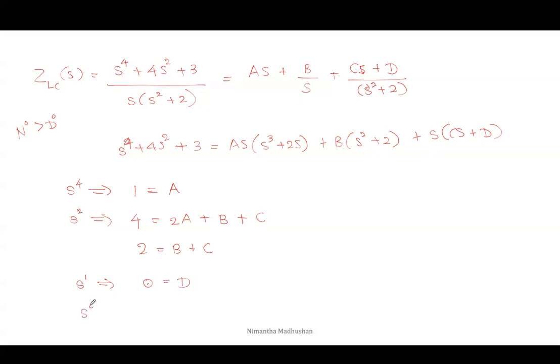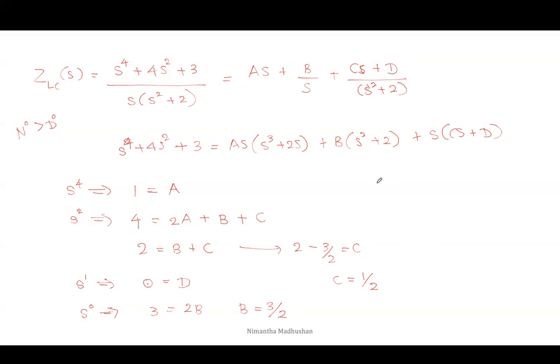Then I consider s to the power 0. From the left hand side, the value is 3. From the right hand side, the value is 2b. The b is equal to 3 over 2. From this one, we can get the value of c: 2 minus 3 over 2 is equal to c. The value of c is half.